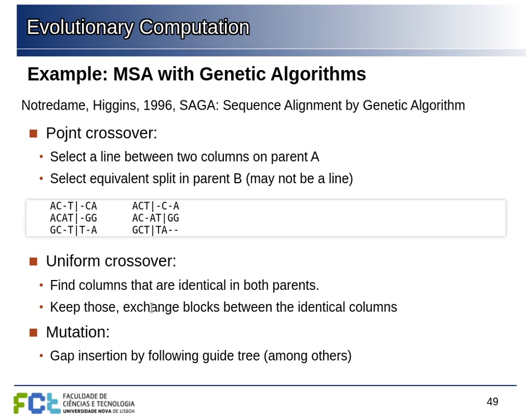And then there are mutation operations, for example, looking at the guide tree and choosing a point in the guide tree to insert a gap somewhere. And so all of the sequences that are affected there, following the guide tree of the multiple sequence alignment, would be affected by that gap. So this requires computing the guide tree.